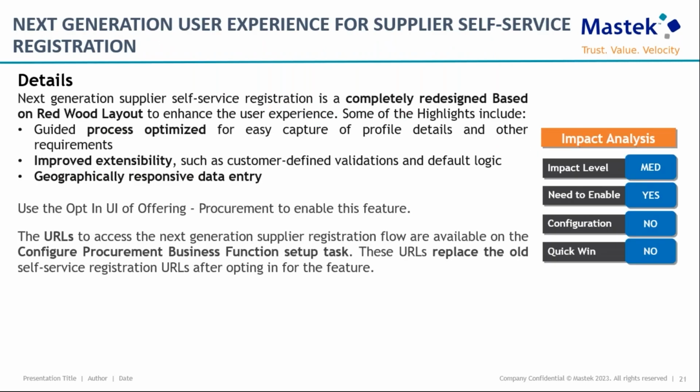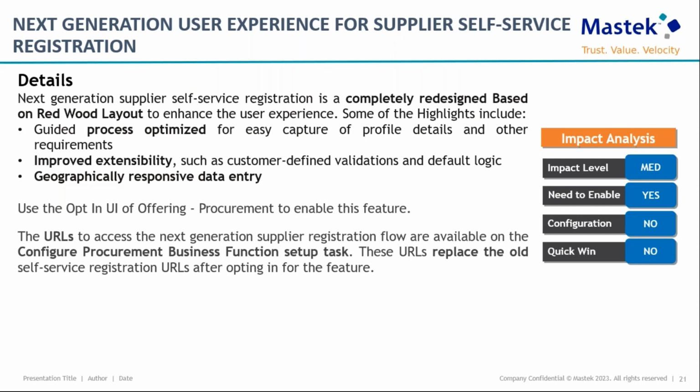Next update is next generation user experience for supplier self-service registration. In this update, an entirely new self-service supplier registration form has been redesigned, and it is based on the Redwood layout.